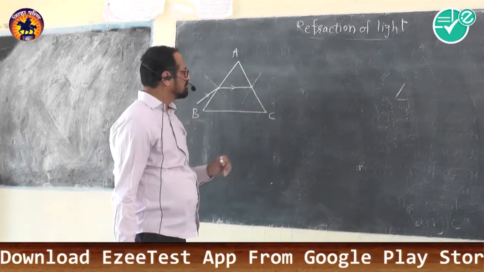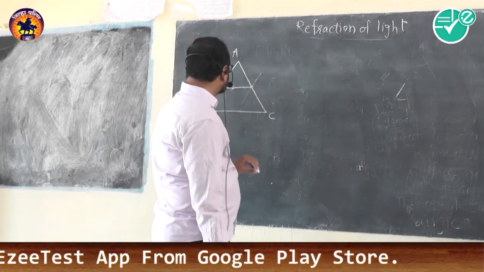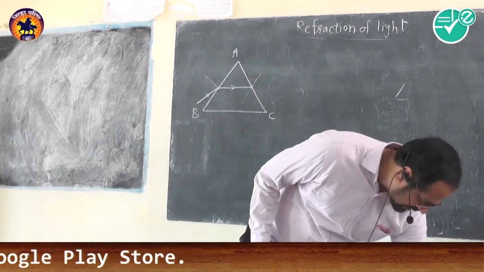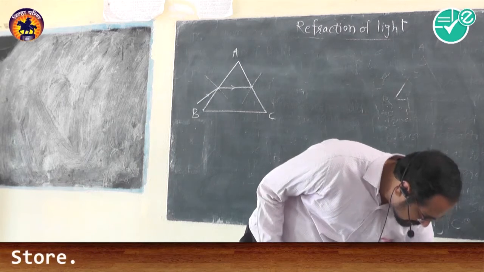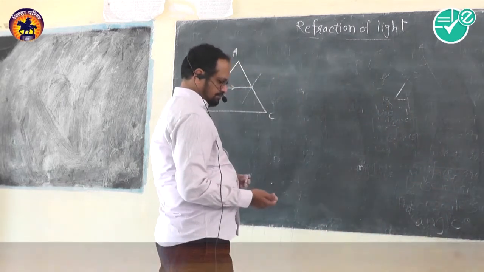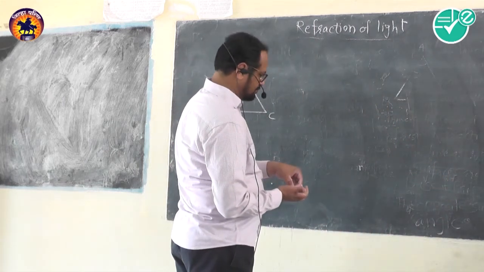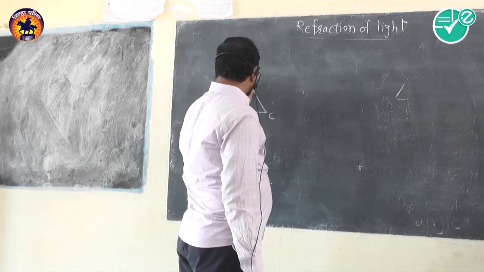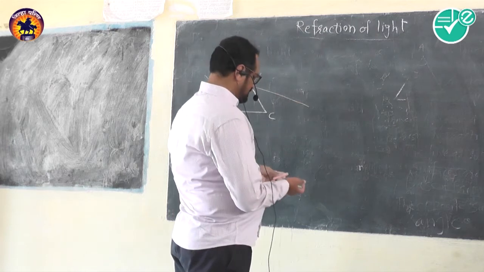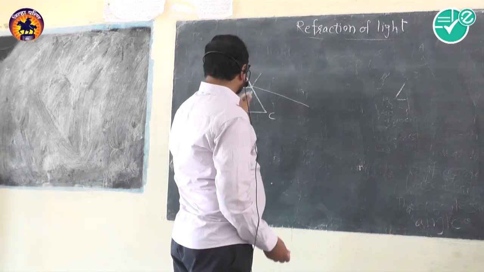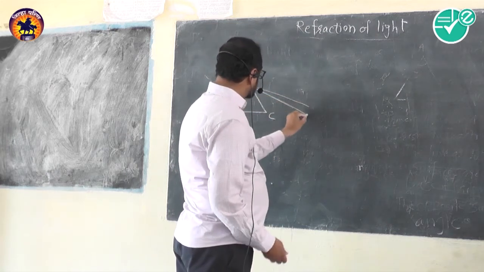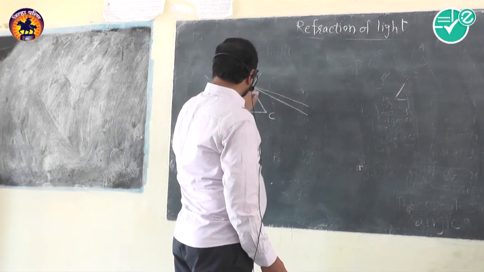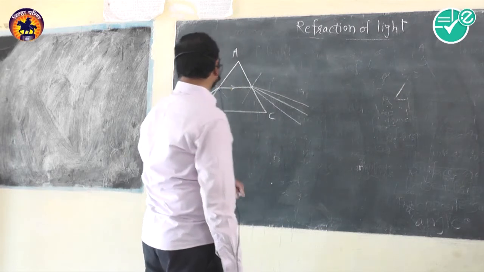rarer medium. So here we will take three colors. We will consider the first a red color, and it will be one, the second color, and this will be the third color.